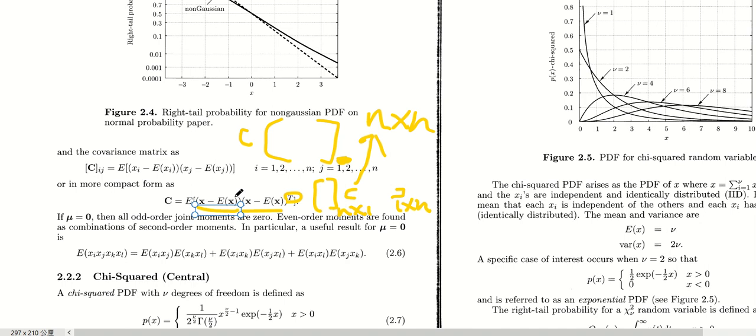When there is a second order term, you always see something like a column vector multiplied by a transpose, or a transpose multiplied by a column vector, things like that.